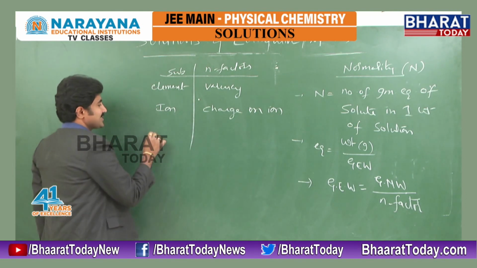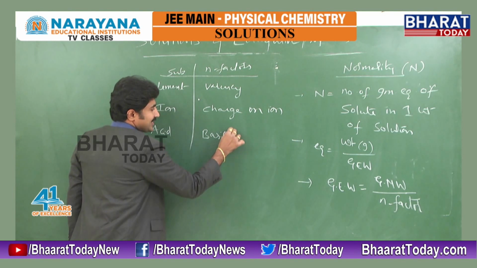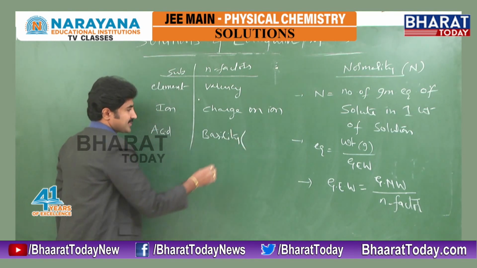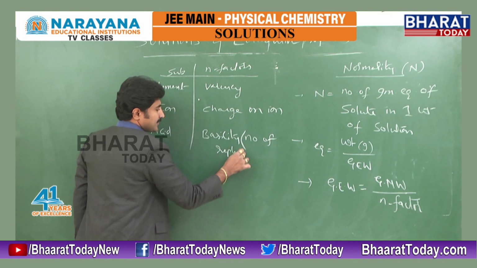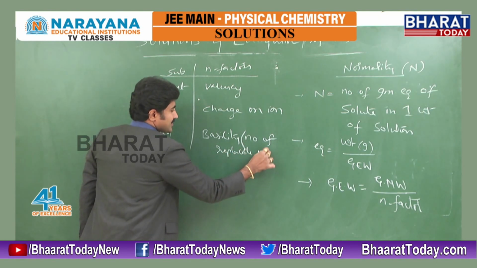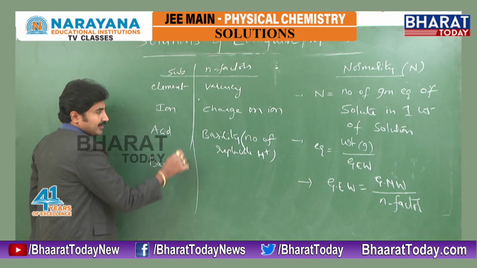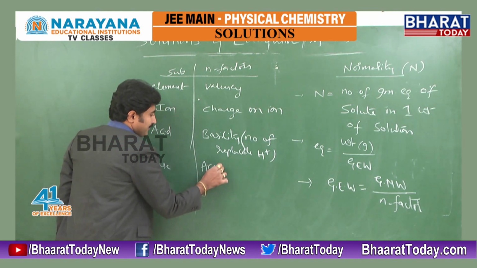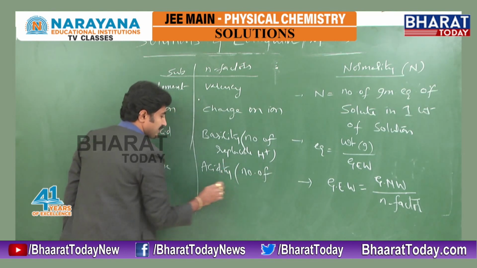Suppose the given substance is an acid, that n factor is basicity. Basicity is the number of replaceable H plus. Whereas if the given substance is a base, that n factor is acidity. Acidity is the number of replaceable OH minus.